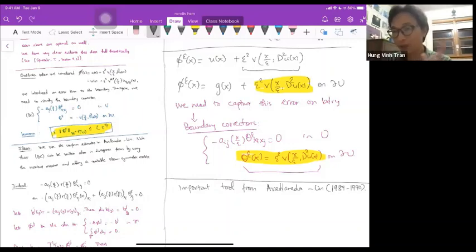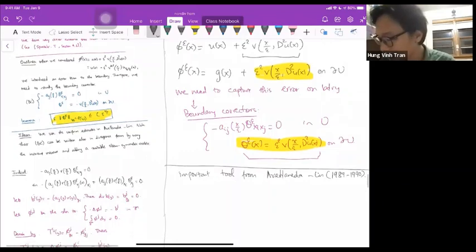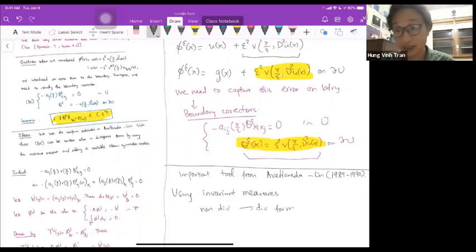And this is a very important device that Avellaneda and Lin introduced, that we can use invariant measures. We can make non-divergent form into divergent form. But this is not easy, okay? And also the divergent form operator is very obscure. It's not clear, but to get the estimate it is enough.